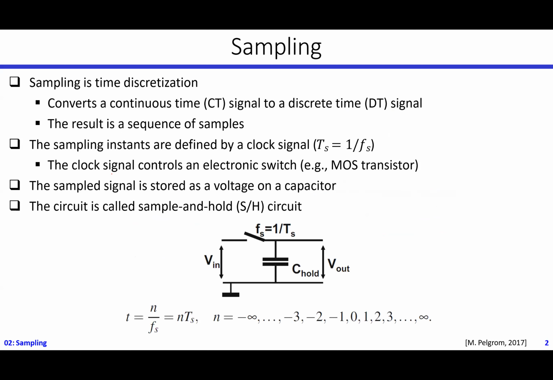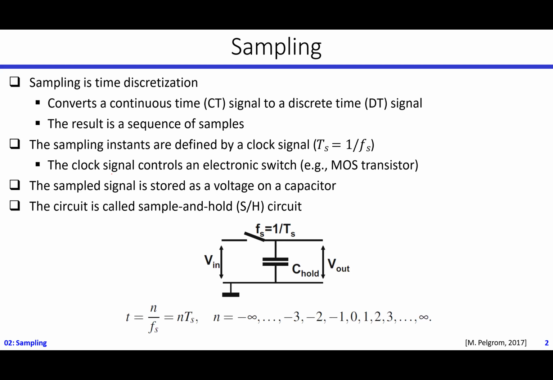So now this is how it happens from a math perspective. Now we will look a little bit into the circuit, what's happening from a circuit point of view. The sampling is basically the process of discretization, which means that I convert my signal from a continuous time domain into a discrete time domain.